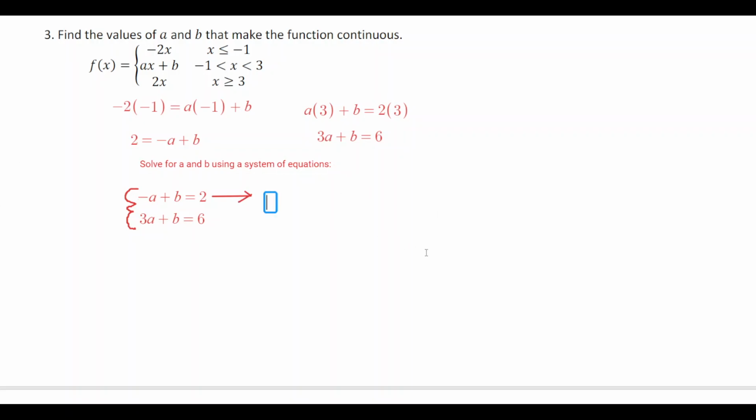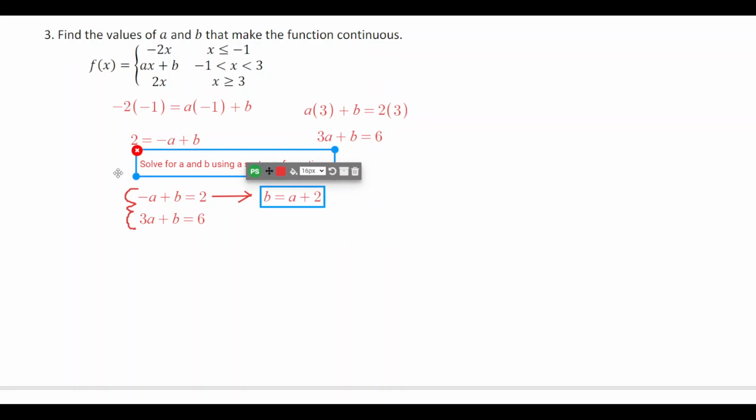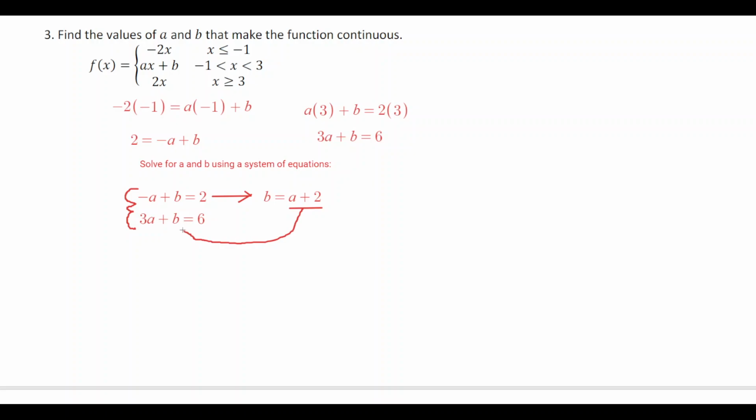So if I solve this one for b, I'm going to get b equals a plus 2. And then I'm going to take that expression, the a plus 2 expression, and substitute that in for b in the second equation. So that gives me 3a plus a plus 2 equals 6. 3a plus a is going to be 4a. So we've got 4a equals 4.